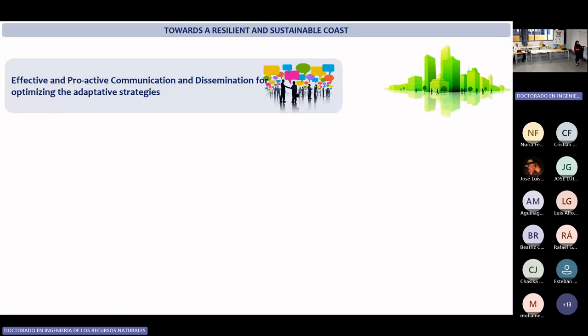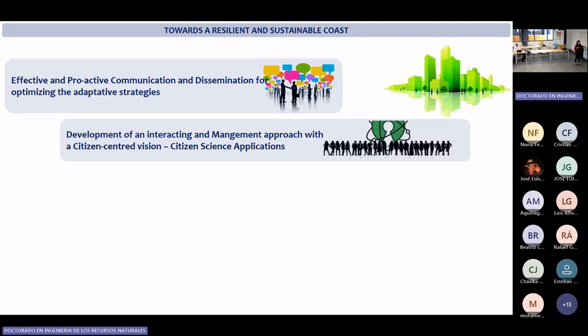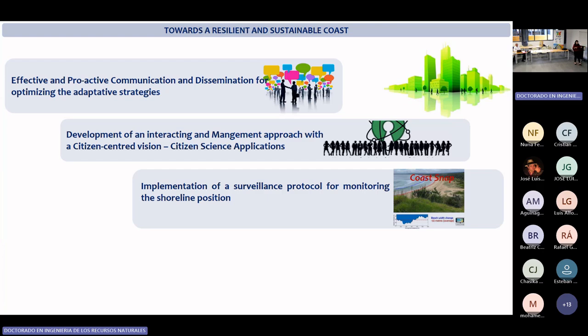I will just mention some things: our effective and proactive communication, dissemination of our results, adaptation strategies. We have to develop an interactive management approach with citizen-centered visions for these communications, the implementation of video cameras to snap.